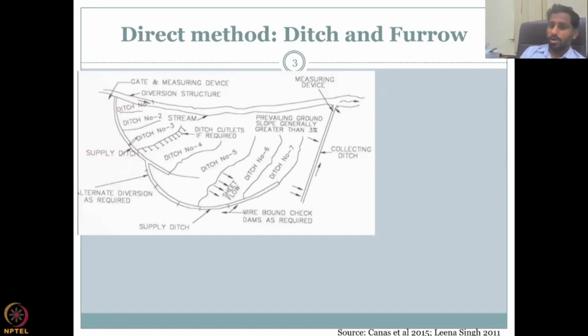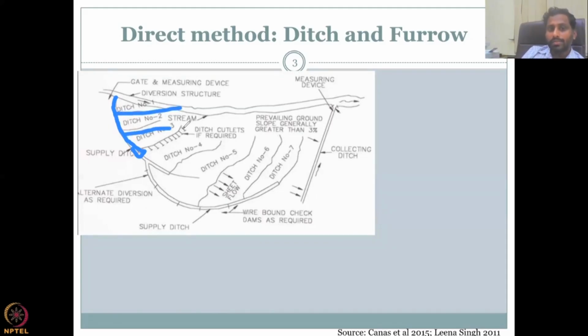So gate is mostly important to divert the water. So very minimalistic construction is there. No cement, nothing. It's just a diversion of the water through a gate or a small channel. Okay, so water is coming here. It is called the supply ditch. Okay, the major channel that comes, and after that there are multiple branch ditches which come from the main ditch, you see here.